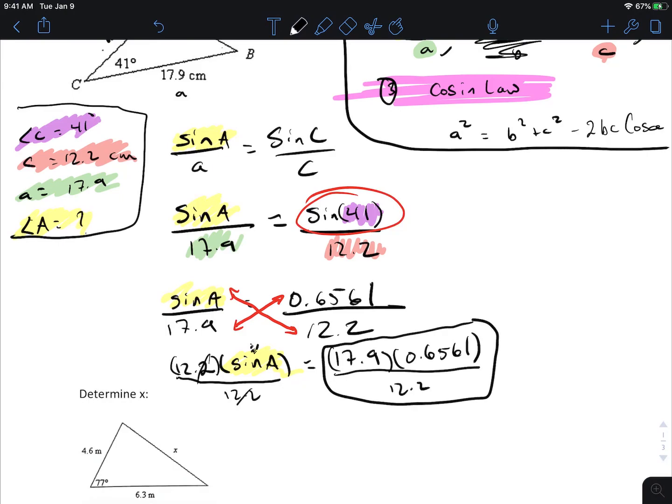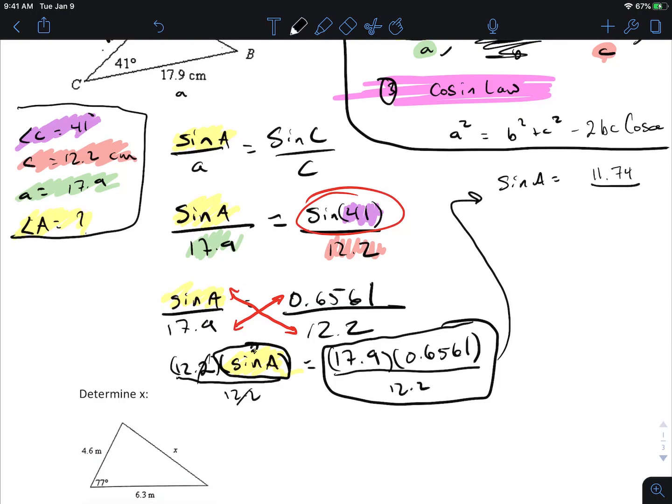Here's something: I can just type this all into my calculator and get an answer for what sine of A is. I just need a number. So I'm going to have sine of A is equal to a number, whatever the number is. Somebody's got to do that in the calculator. Most of us like using our phones, so I'm just going to go 17.9 multiplied by 0.6561, hit equals, and you should get something like 11.79 in the top.